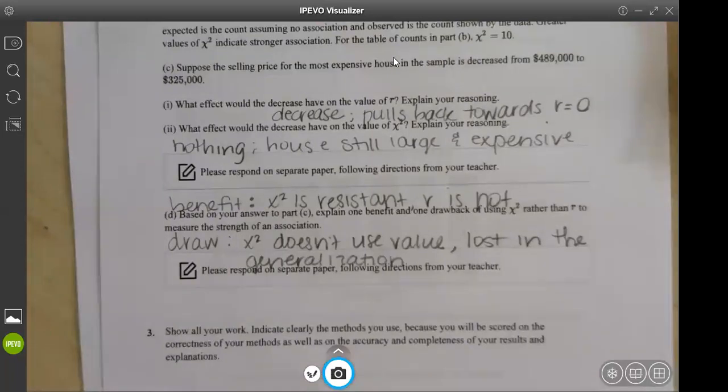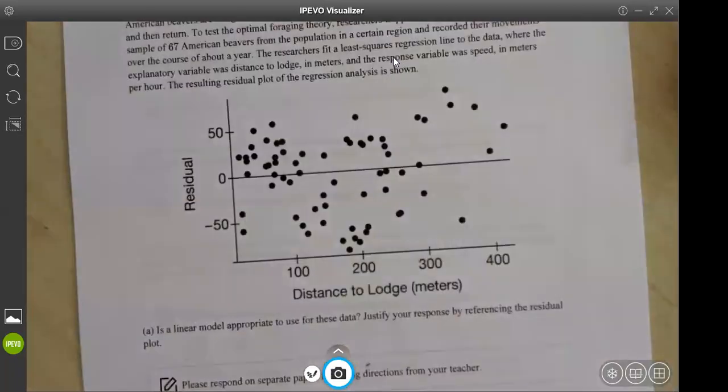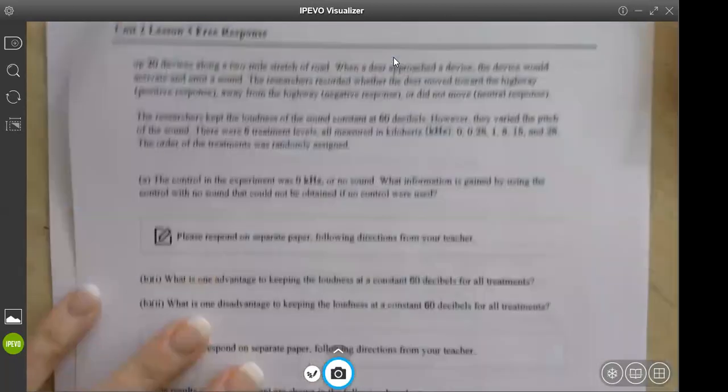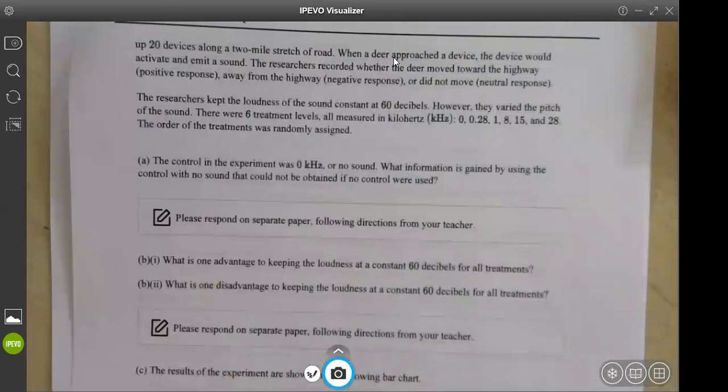This is the one that was on that other one. To prevent deer from running across highways, researchers are investigating sound emitting devices that would frighten deer before they reach the highway. As part of the investigation, the researchers set up 20 devices along a 2-mile stretch of road. When a deer approached, the device would activate and emit a sound.